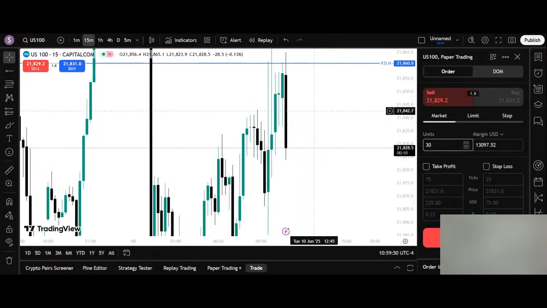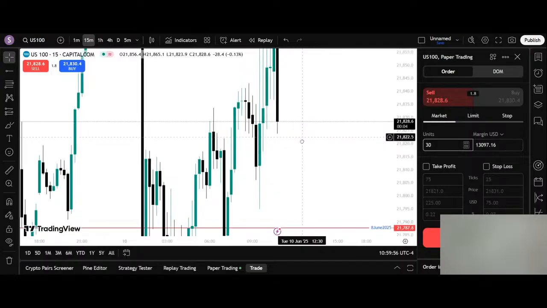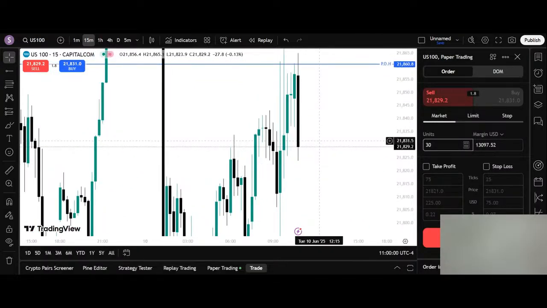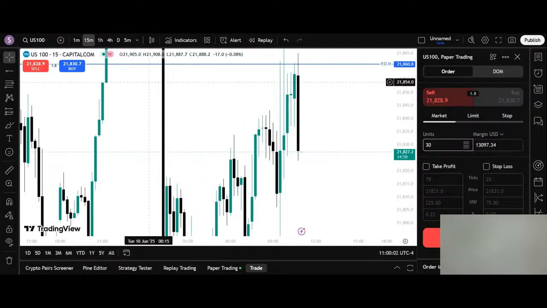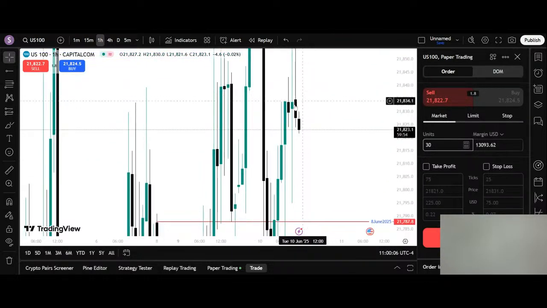The 15-minute candle is about to close very bearish. Let's see how the 1 hour candle closed. The 1 hour candle also closed bearish.